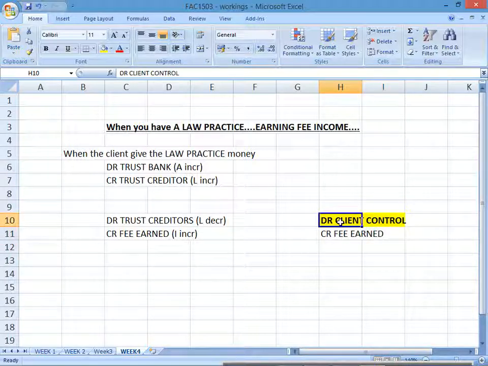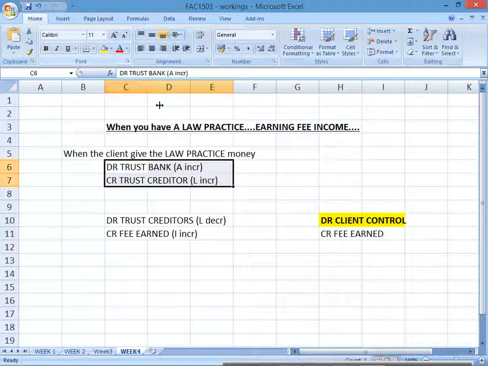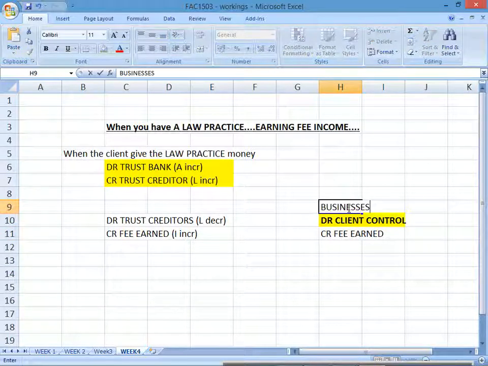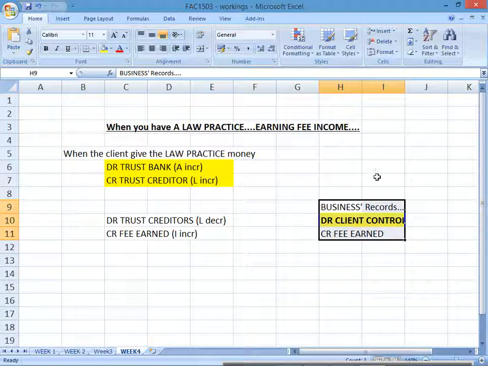But it just so happens to affect that, okay, the client's records. Okay, so if I'm looking at this, this would have been the business's records. Okay, that would have been the business's records.